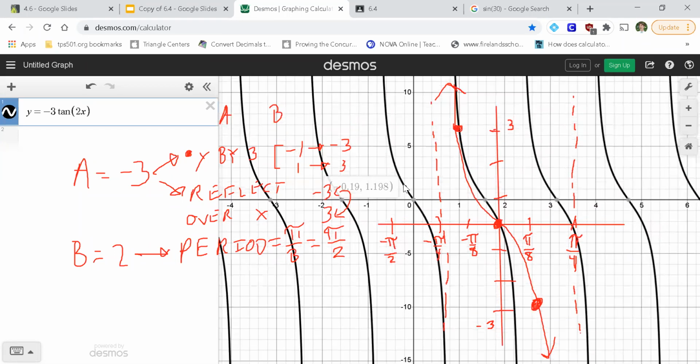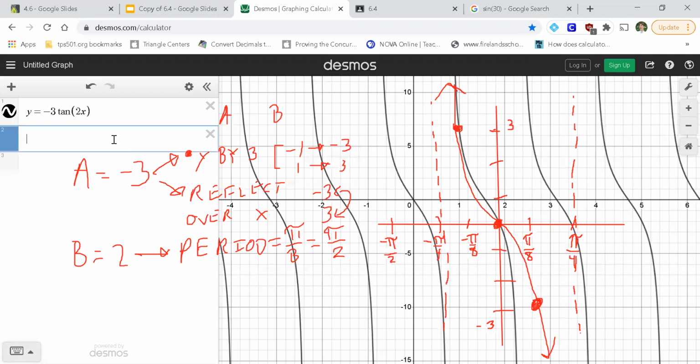If I try to click pi over 8, 3, that's not a point that they have graphed here. I can fix that really easily by just graphing the line y equals 3. And then I can see that that really is the point -pi over 8, 3 on my graph.